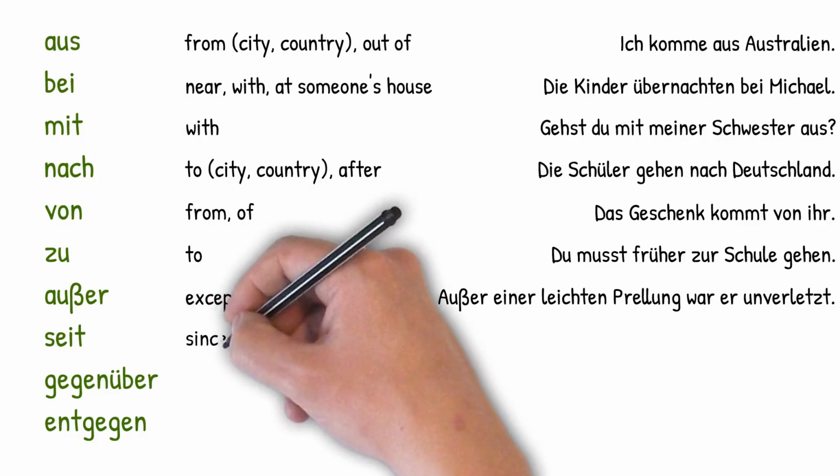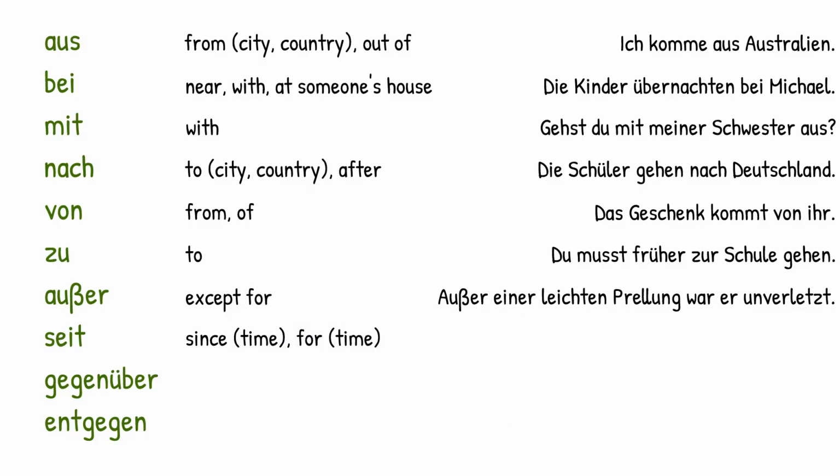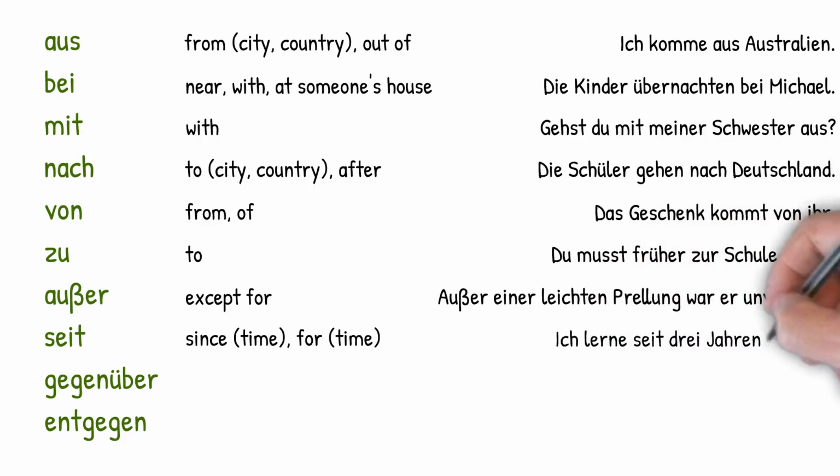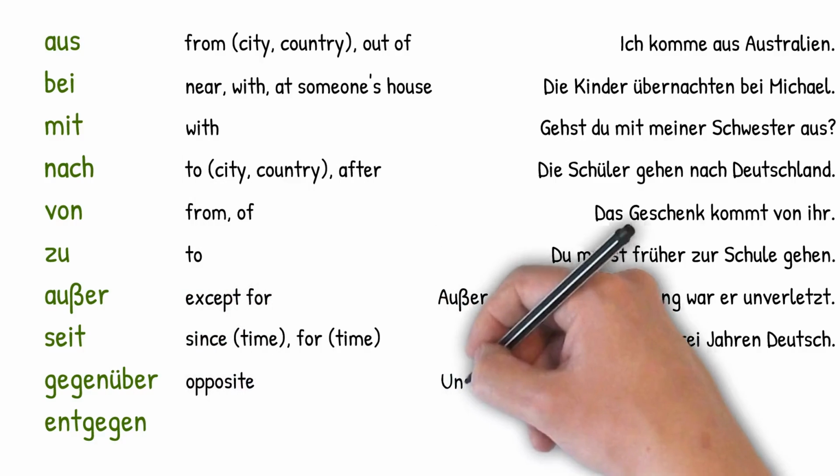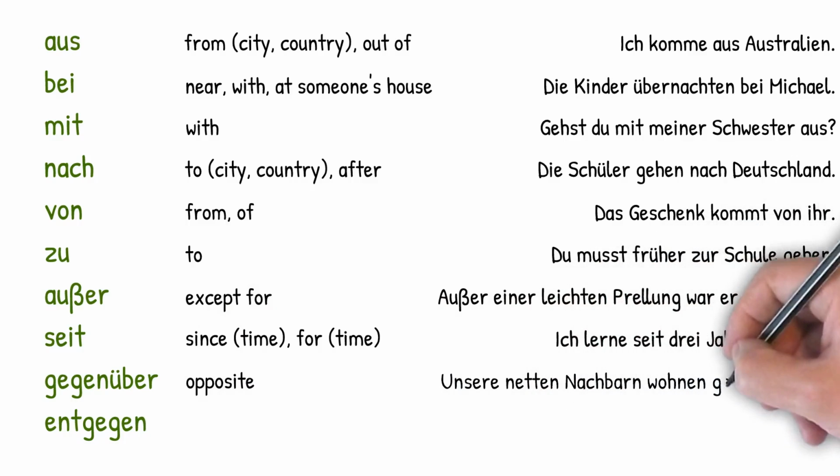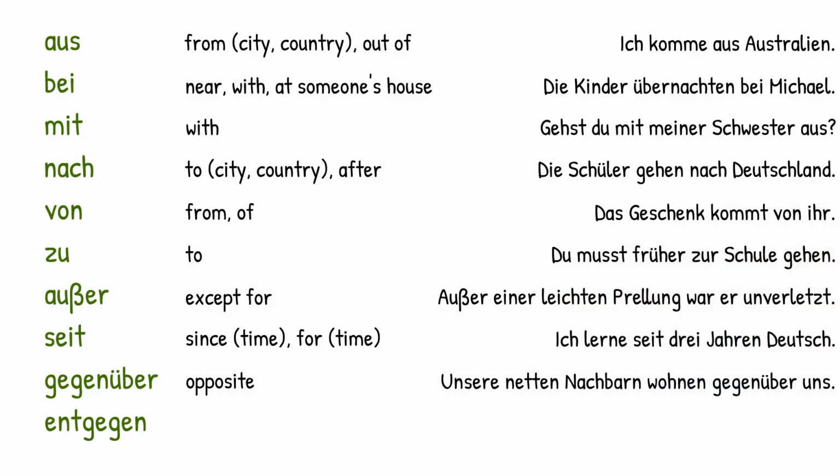Seit means since in terms of time or for in terms of time. For example, ich lerne seit 3 Jahren Deutsch. I have been learning German for 3 years. Gegenüber means opposite or opposite to. For example, unsere netten Nachbarn wohnen gegenüber uns. Our nice neighbours live opposite to us.